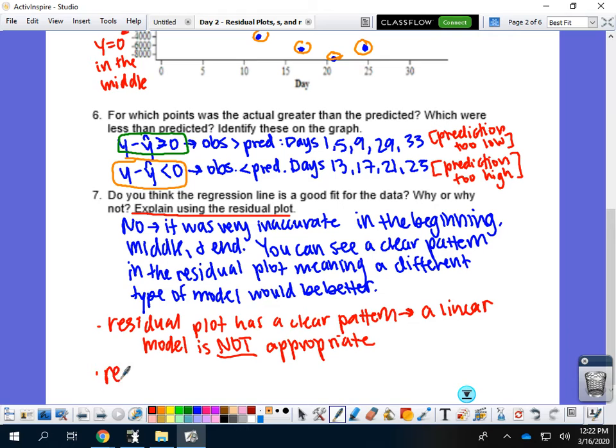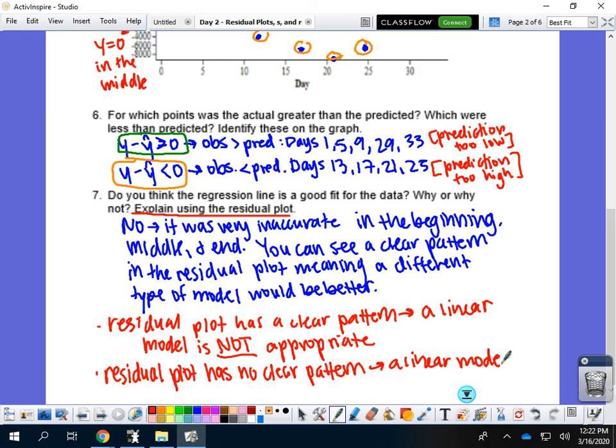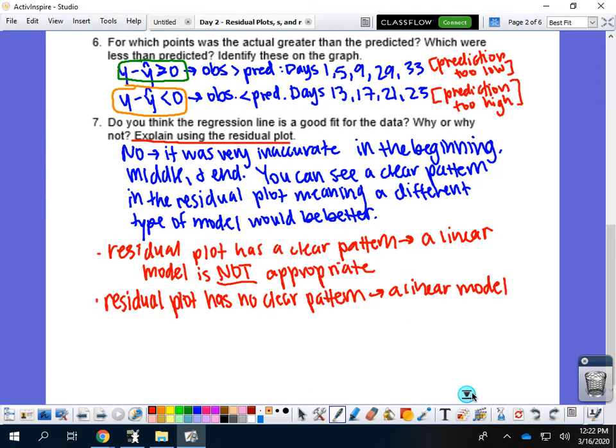And when a residual plot has no clear pattern, so it's just randomly scattered and you can't see a shape, then a linear model is appropriate. So that's going to be the takeaway from this little warm-up.